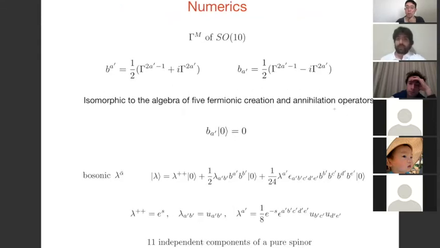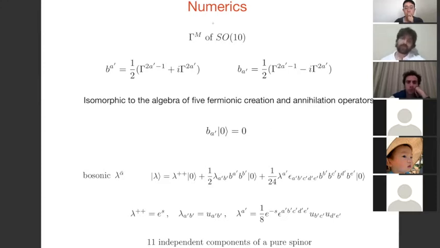So, okay, mainly the manipulations to construct the vertex operators are very complicated if you do something analytically. So basically, in the paper, most of the simplifications and everything was done numerically. So I just mention the numerics because it is well known that a pure spinor has 11 independent components. And in fact, it's possible to solve the constraint.